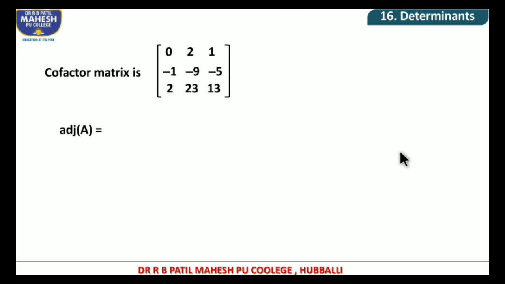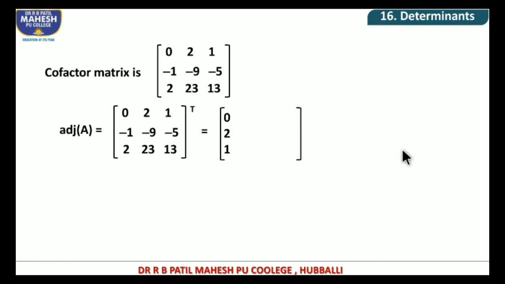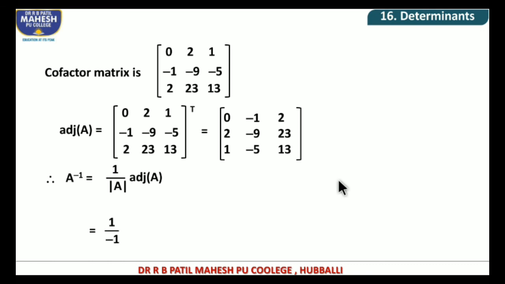Now we have to find out the adjoint of A, that is the transpose of this cofactor matrix. Then the first row becomes the first column, the second row becomes the second column, the third row becomes the third column. So this is how to find out the adjoint of A. So after finding the adjoint of A, let us find out the A inverse value, that is 1 by determinant of A into adjoint of A. Here that is 1 by minus 1 into the adjoint of A value, that is 0 minus 1 2, 2 minus 9 23 and 1 minus 5 30.